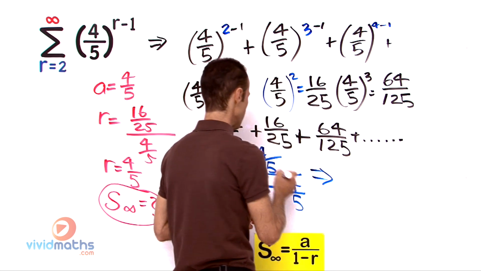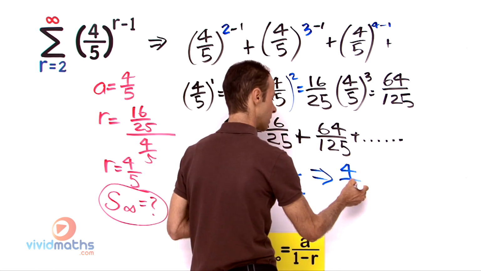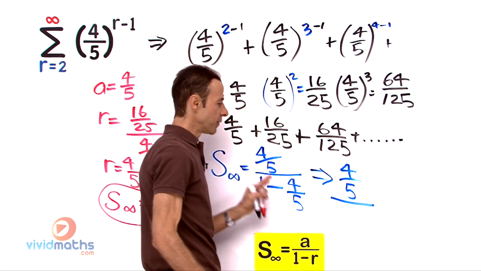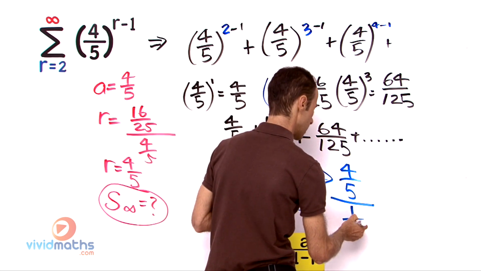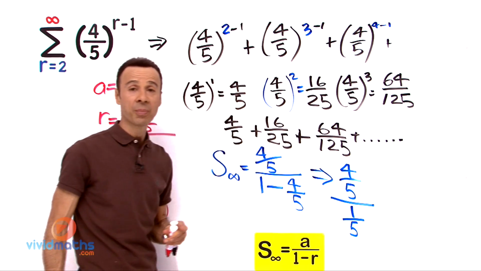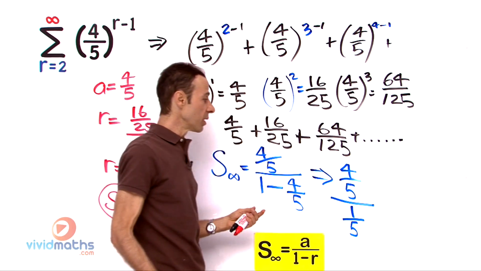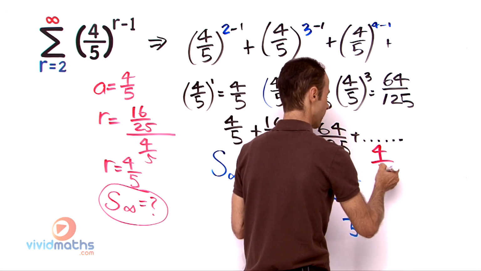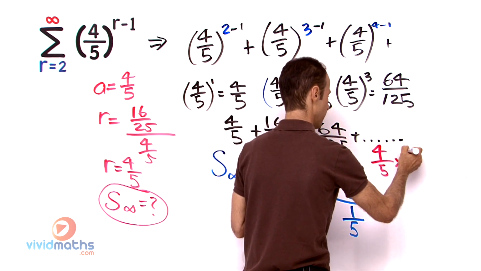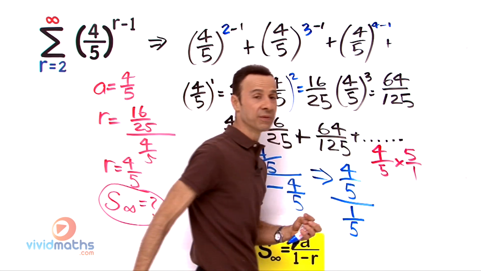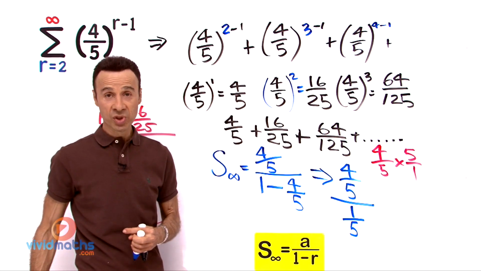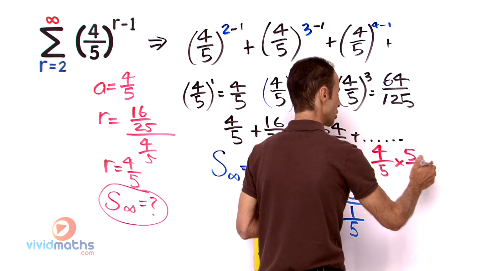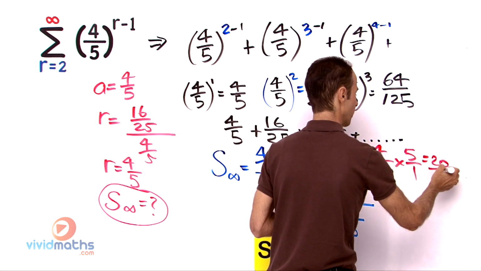It's 4/5 all over 1 minus 4/5, which is simply 1/5. So it's 4/5 divided by 1/5. If we multiply it out, that's the same as 4 over 5 times 5 over 1. Remember, when we divide, we multiply by the reciprocal. You already know that. So we have 4 5s are 20, 20 all over 5.